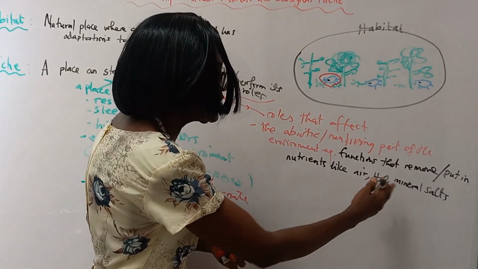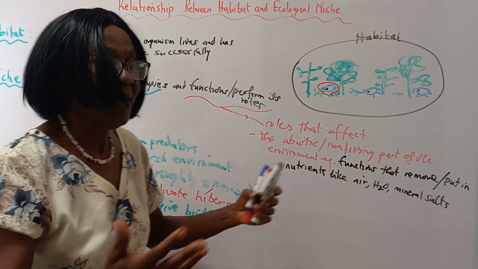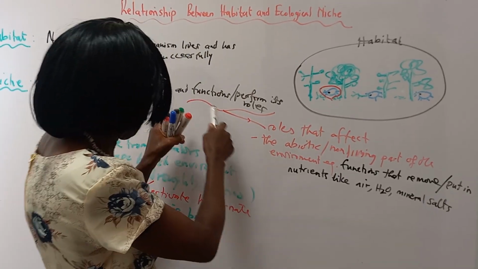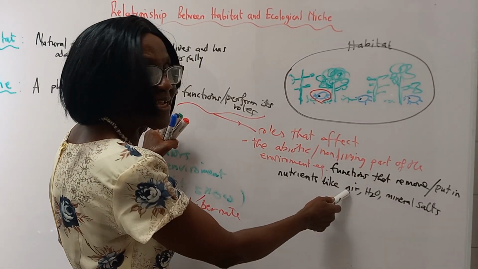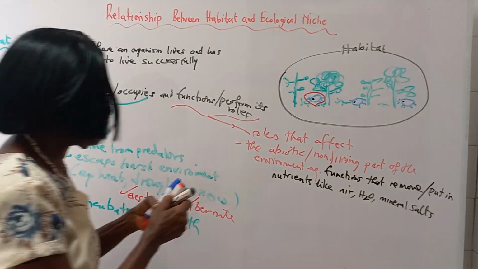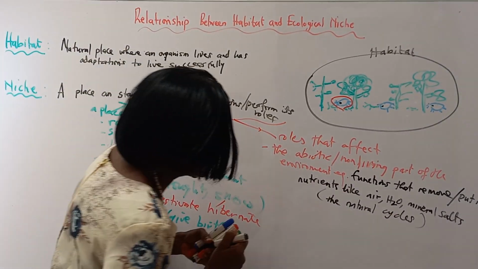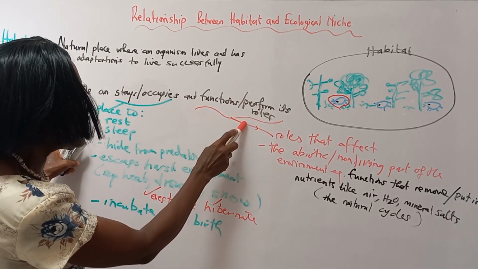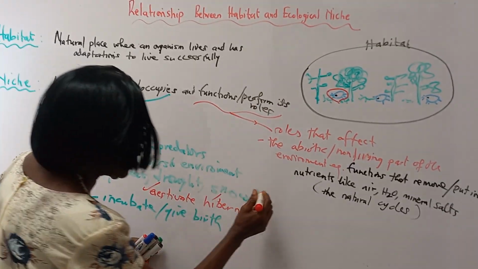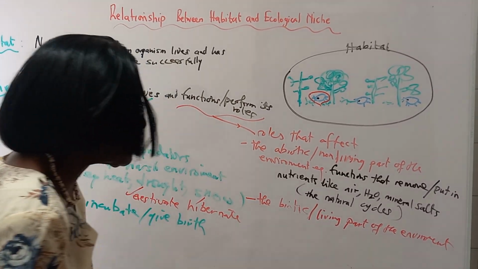And these are what we discussed in the natural cycles, right? Like carbon cycle, water cycle, nitrogen cycle. They show how organisms remove nutrients or put in nutrients into the environment, the natural cycles. So you can check from your notes about the natural cycles. So, organisms perform functions that affect the abiotic part of the environment and also functions that affect the biotic or living part of the environment.